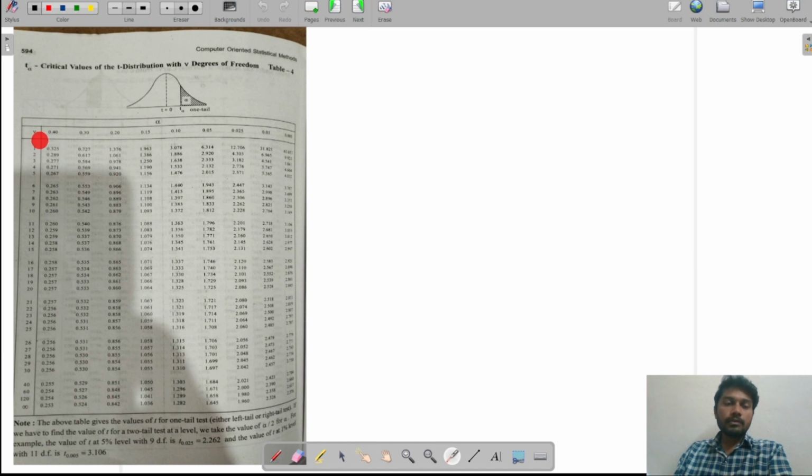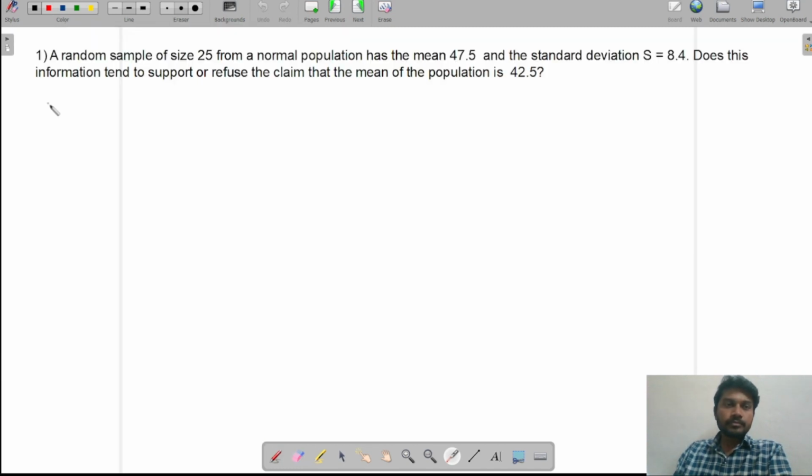So now we'll go to the first question. A random sample of size 25 from a normal population has the mean 47.5 and the standard deviation s equal to 8.4.